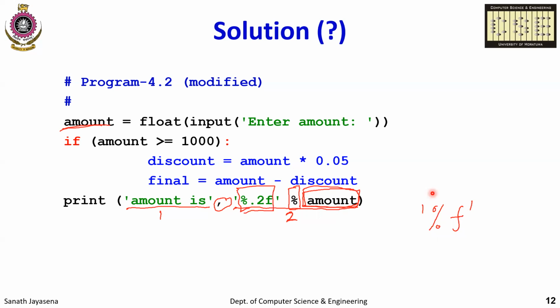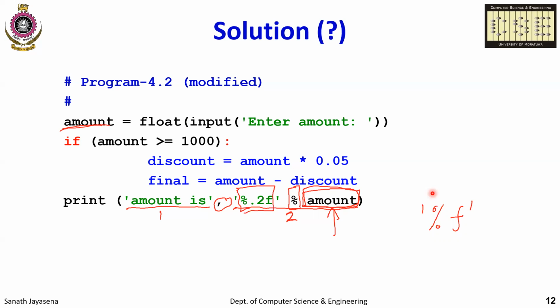So we are telling the print function to display the value of this variable amount as a floating point number, because after the decimal value is important.